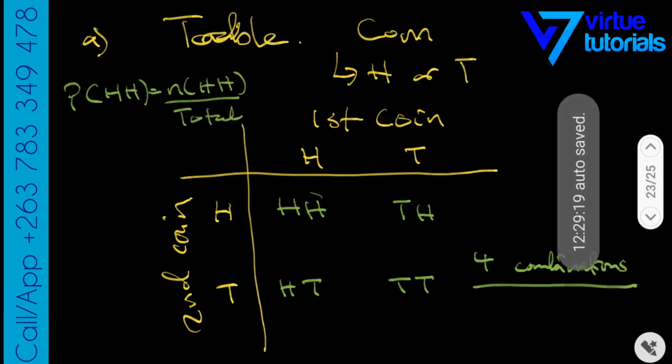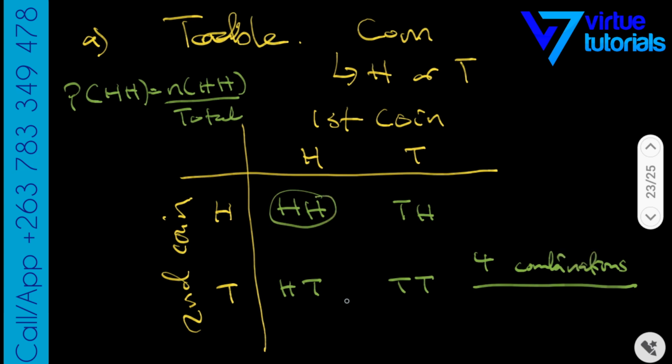So how many combinations give us two heads? Only one, right? Out of a total of four combinations. So that's 1/4. That's your answer for your part B. So that's how you draw that outcome table, and that's how you use the table to find the probability of getting two heads. So let's move to the next example now.